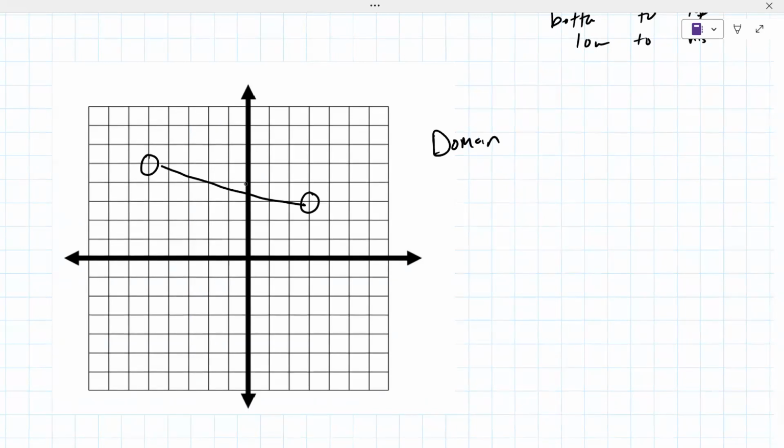It's not drawn very well, but okay. Take your time. If you have questions, please ask, but see what you can come up with. Okay, I found the domain.